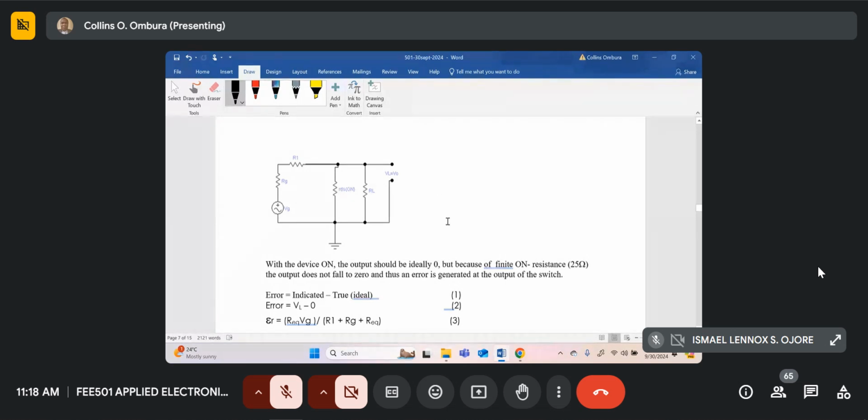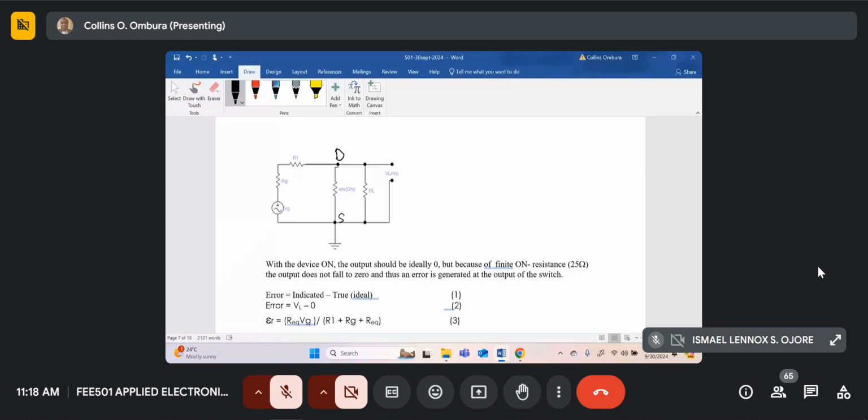In this circuit over here, this is your drain, and this point over here is your source. So the resistance between the drain and source is called RDS on.